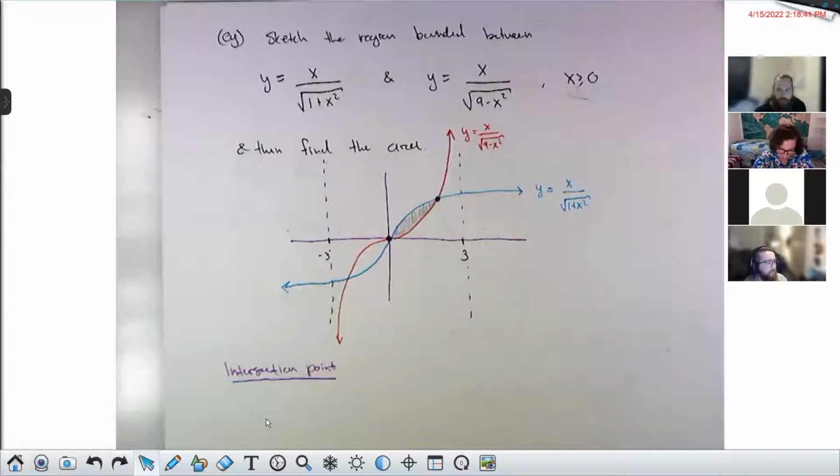Do you set them equal to each other? Yeah, exactly. I'm trying to find the x value where this one function is equal to this other function. Those functions represent the y values. So I'm looking for a place where the y values are equal. That means I set this apparatus equal to this apparatus.